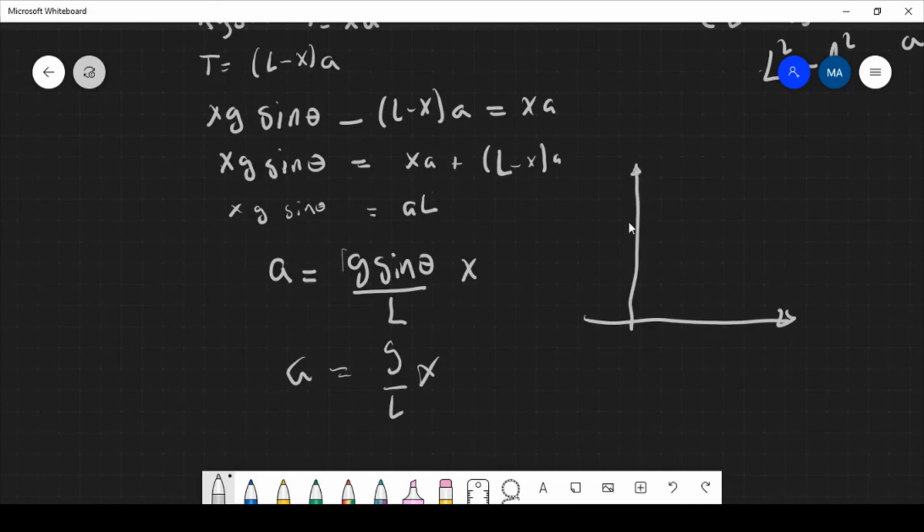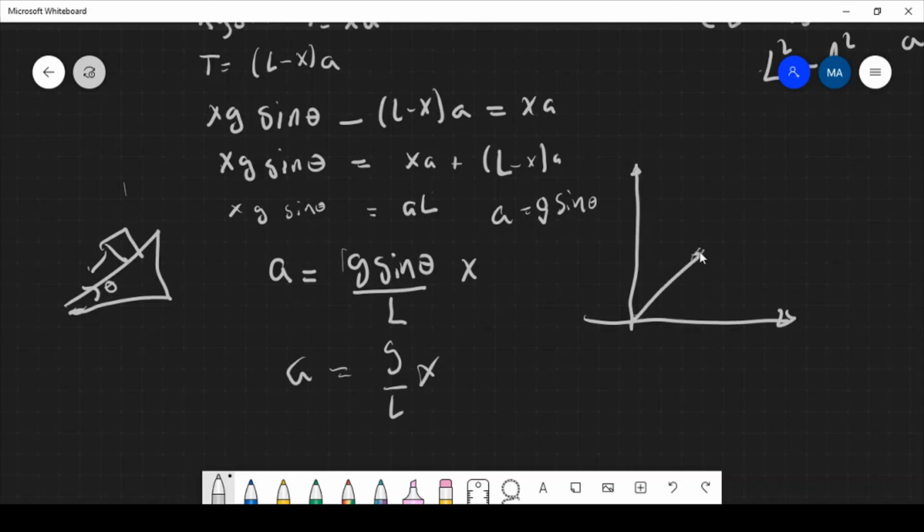And notice, what happens when x is equal to L? Your acceleration is equal to g sine of the angle. Of course, it's the acceleration you get in the inclined plane problem. It slides not with the acceleration of gravity, but with the acceleration of g sine of this angle.